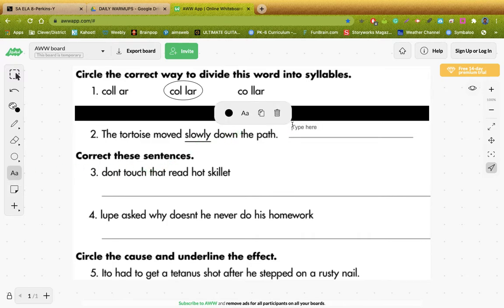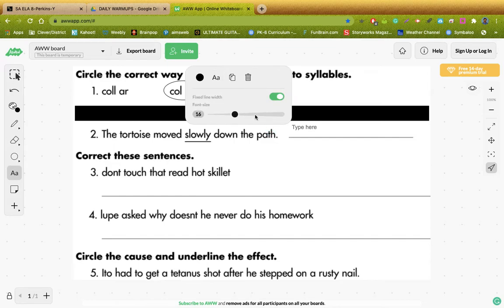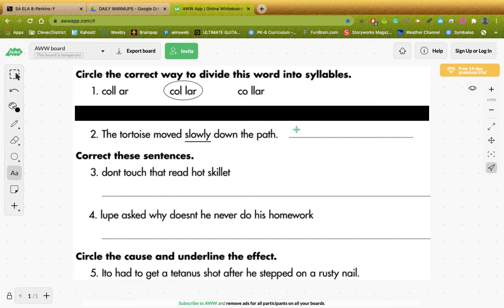Is it a noun, verb, adjective, or adverb? Now remember, what is a noun? Well, a noun is a person, place, or thing. You got to ask yourself, is slowly a person? Is slowly a place? Is slowly a thing?